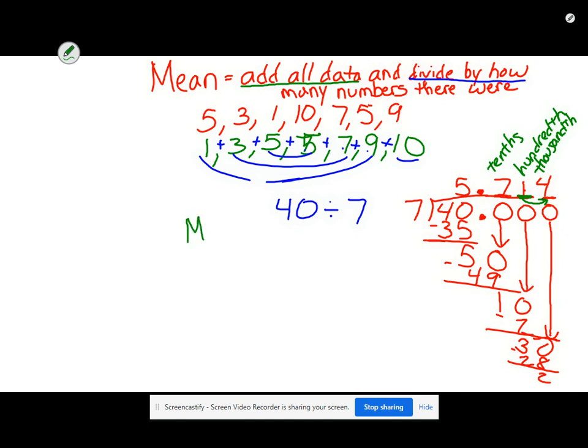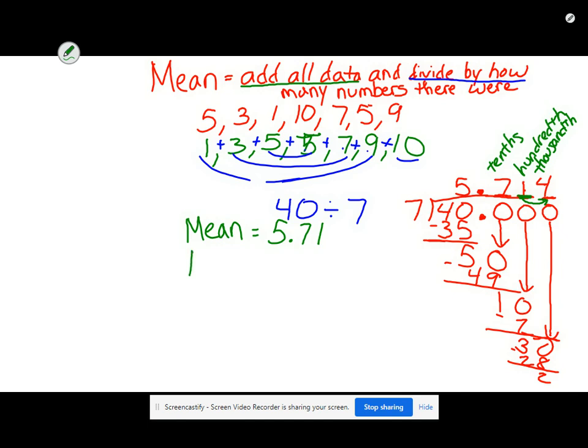So our mean is 5.71. If that thousandth place had been 5 or higher, we would put it up to a 2. So it would be 5.72. But because it's under 5, we keep it the same.